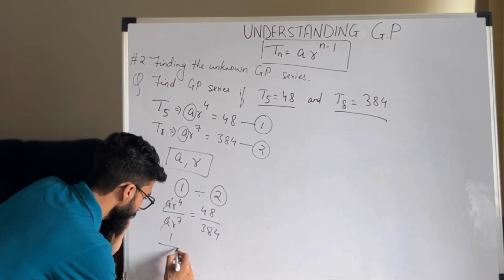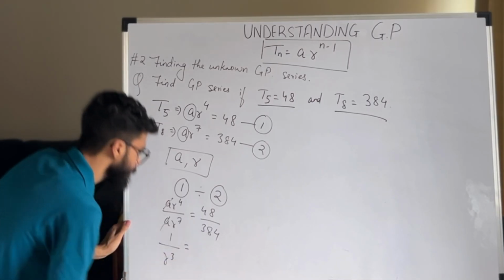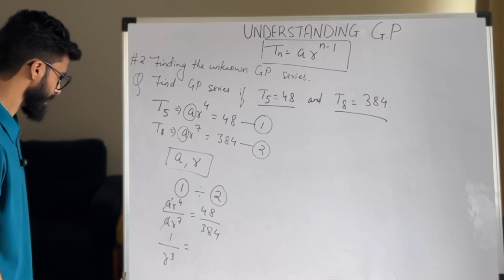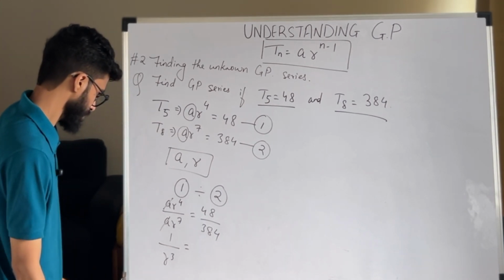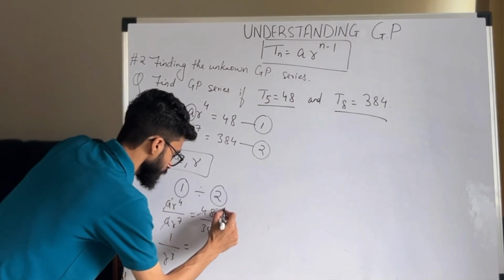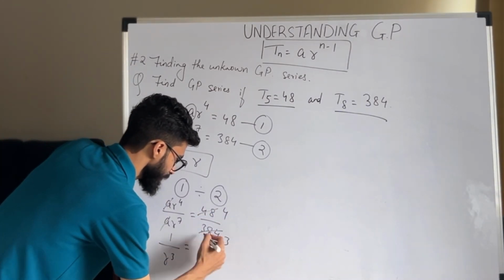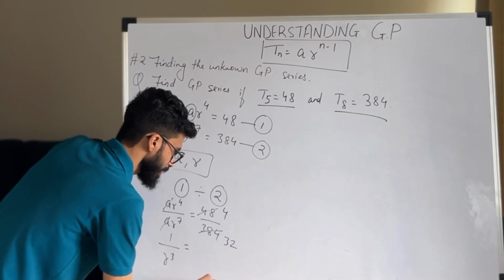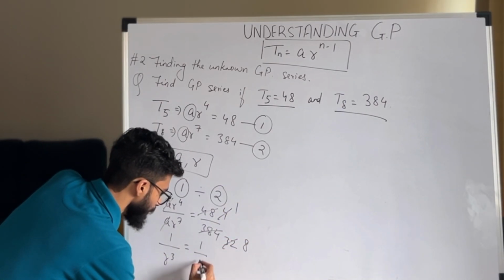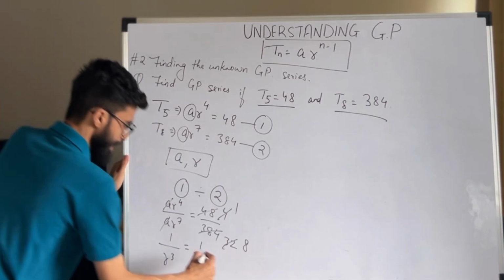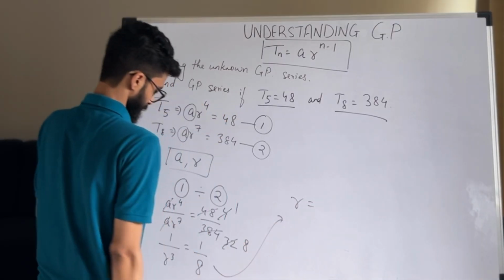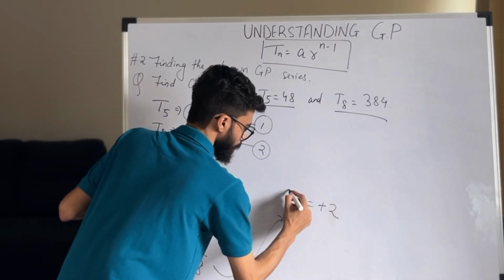This is 1 by R cube equal to 48 by 384. Simplifying, I am getting 1 by R cube as 1 by 8. If I solve this, I will get R as 2.